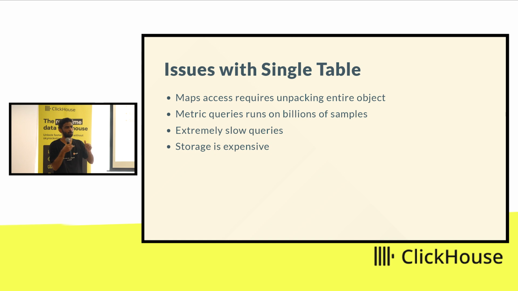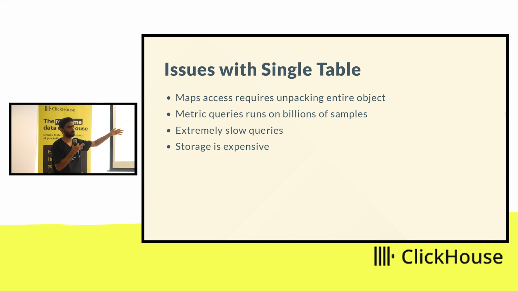My colleague talked about resource filtering, right? The nature of metrics is that you ask, give me the pod CPU usage across the entire cluster, like I'm running 100 clusters, give me the usage across all pods and give me the top 10 attributes. So the worst case in metrics is that you don't have any filtering. You are just going to run it on the entire data. Now imagine trying to unpack the labels object for hundreds of billions of rows.